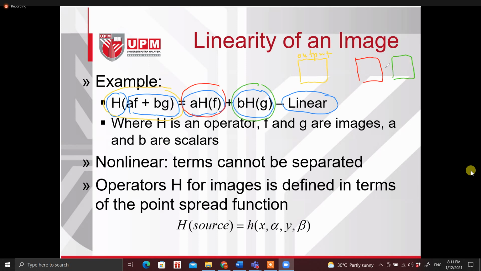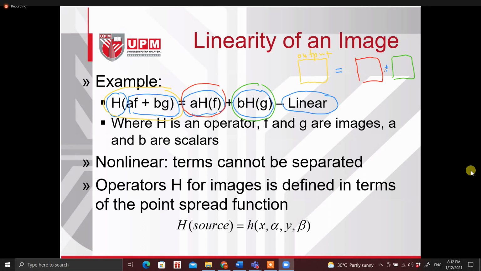So in other words, we can say that an output image here is equivalent to some operation of the first image plus the second image. One output image can be split into multiple images.